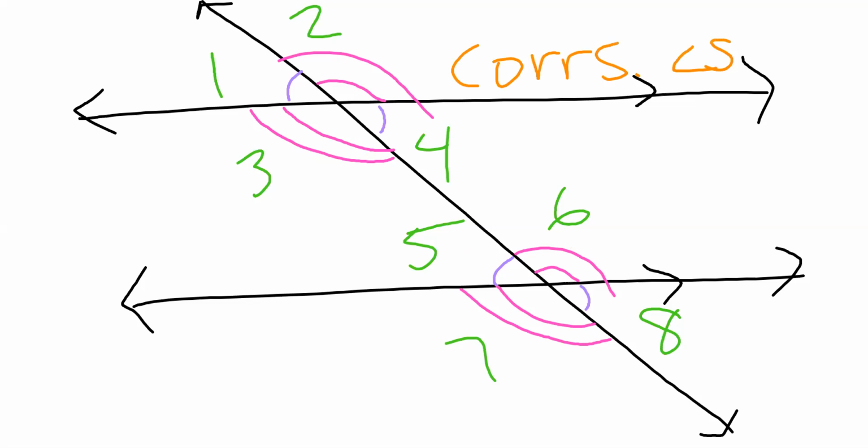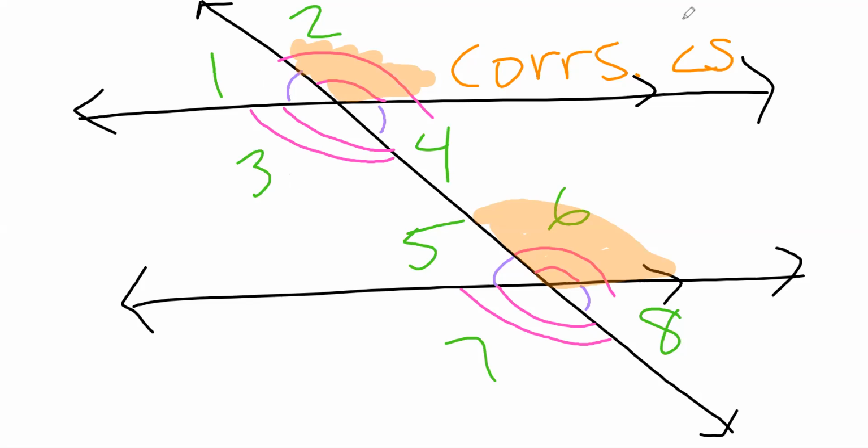So I'm going to use the highlighter so that like this orange one here and this one here, these are corresponding angles because they're in the same position in terms of the transversal and the parallel lines. They're both above the parallel line and they're both to the right of the transversal. So another pair would be 1 and 5, 3 and 7, 4 and 8. All of those are corresponding angles.